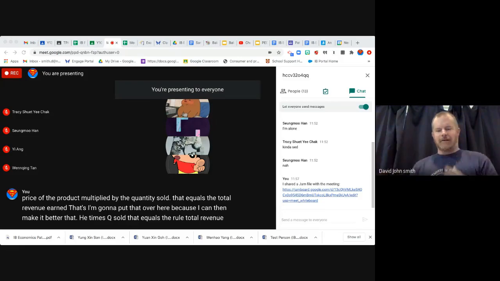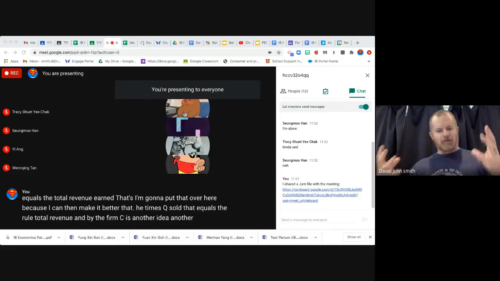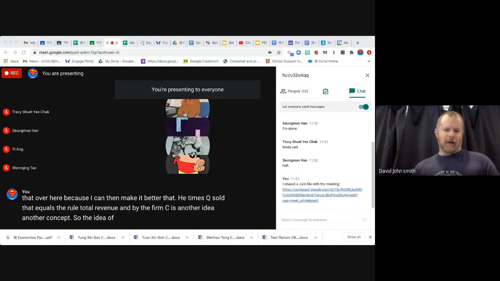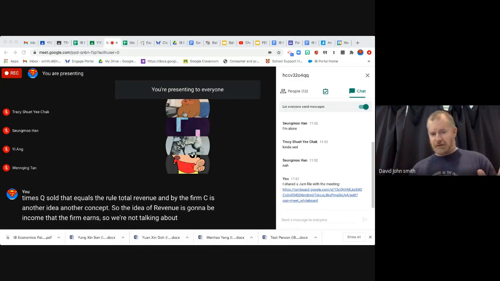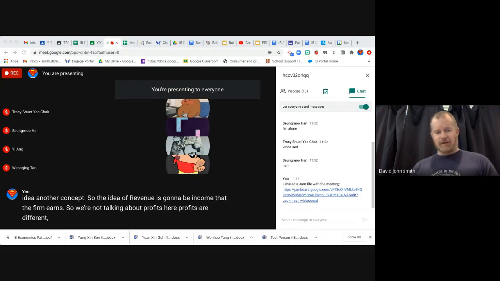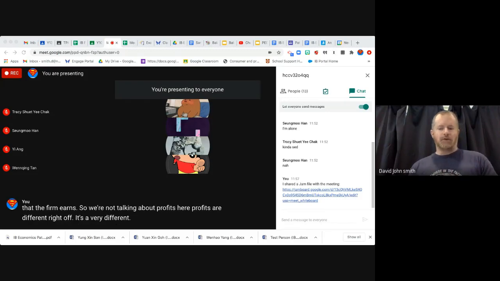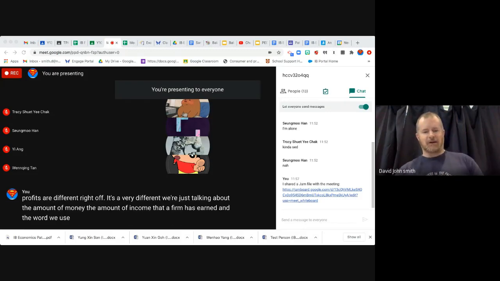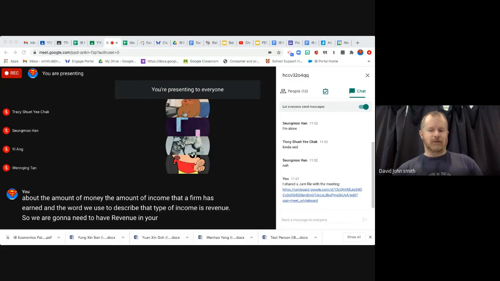So here's another concept. The idea of revenue is going to be income that the firm earns. So we're not talking about profits here. Profits are very different. We're just talking about the amount of money, the amount of income that a firm has earned. And the word we use to describe that type of income is revenue. So we are going to need to have revenue and total revenue in your glossary in the future.